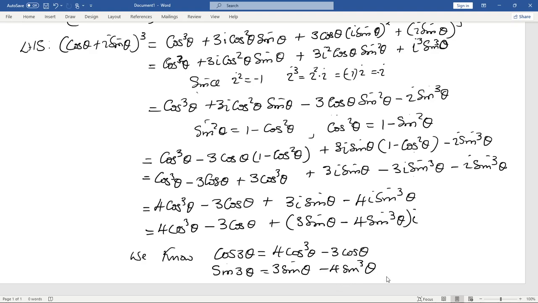So if we substitute these into the expression we have on top, we're simply going to have cos 3 theta plus i sin 3 theta. If you look at this, it is equal to the right hand side of our expression on top.